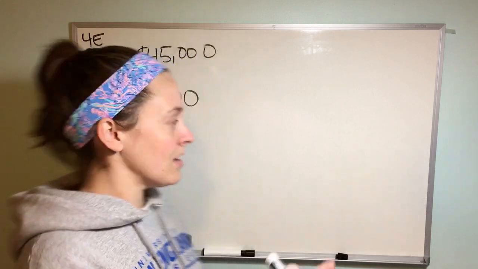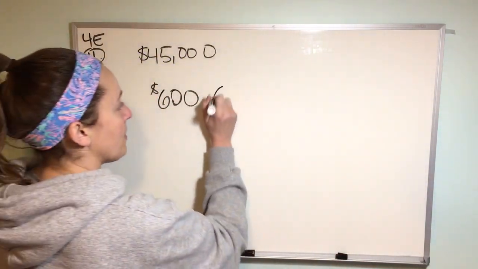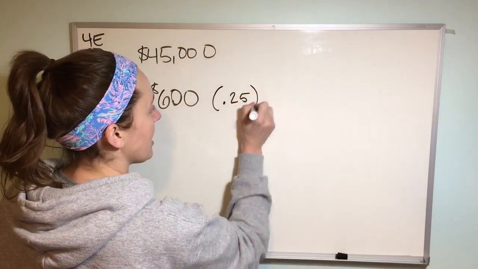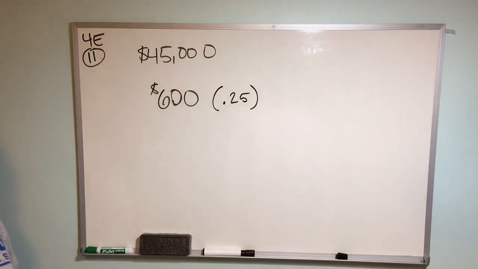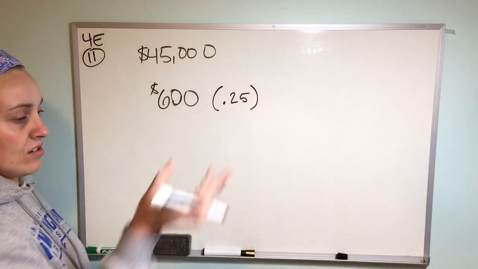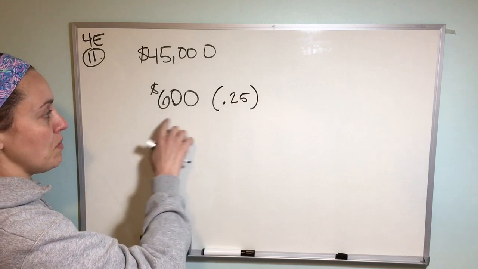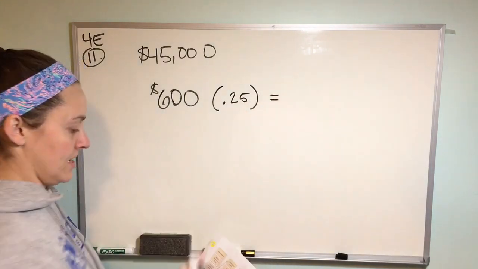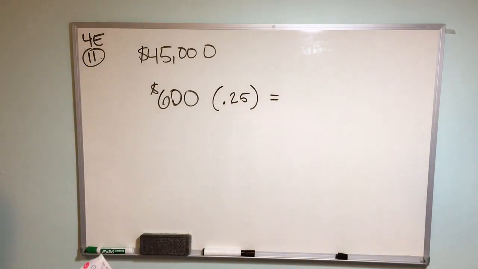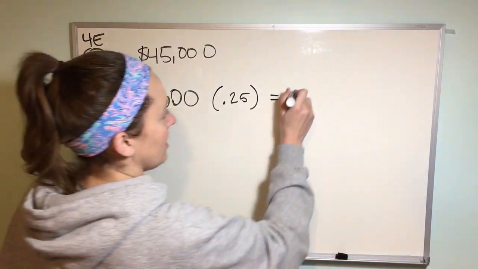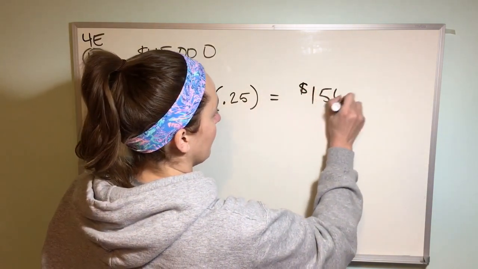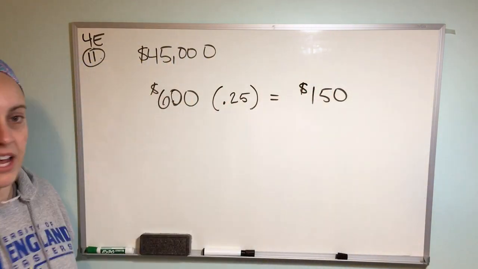Does that part make sense? So this is your money, but it's taxed at a rate of 25%, right? So if you just had the $600 sitting around, you'd be paying how much in taxes on it? Let's figure that out. Multiply them. $150.